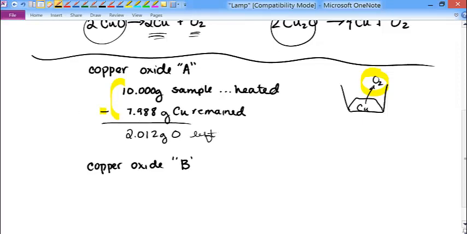Now, just as a side note here, it is possible, based on these pieces of information, to figure out what the empirical formula is. Because if I know there's 7.988 grams of copper and 2.012 grams of oxygen, I could convert that into moles of copper, convert that into moles of oxygen, and then divide by the smaller and find out what the ratio is and figure out what the formula is.